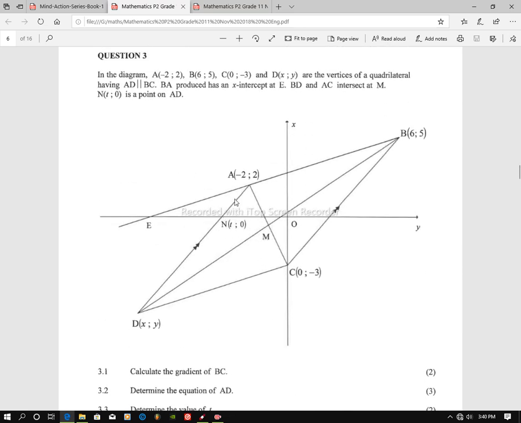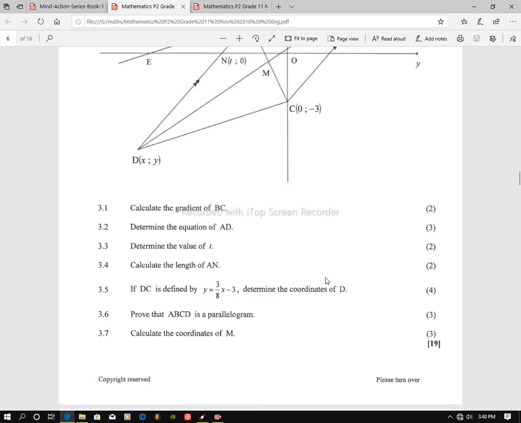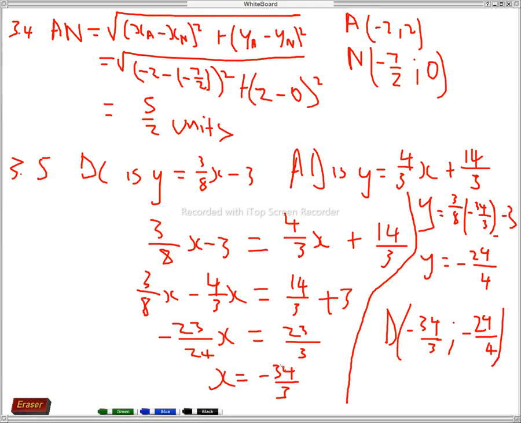What we can do is calculate the gradient of AB, and also calculate the gradient of DC. We have the coordinates of DC, and if those two gradients are equal, then we have successfully proved that this is a parallelogram. Let me show you on the board. I will erase this.